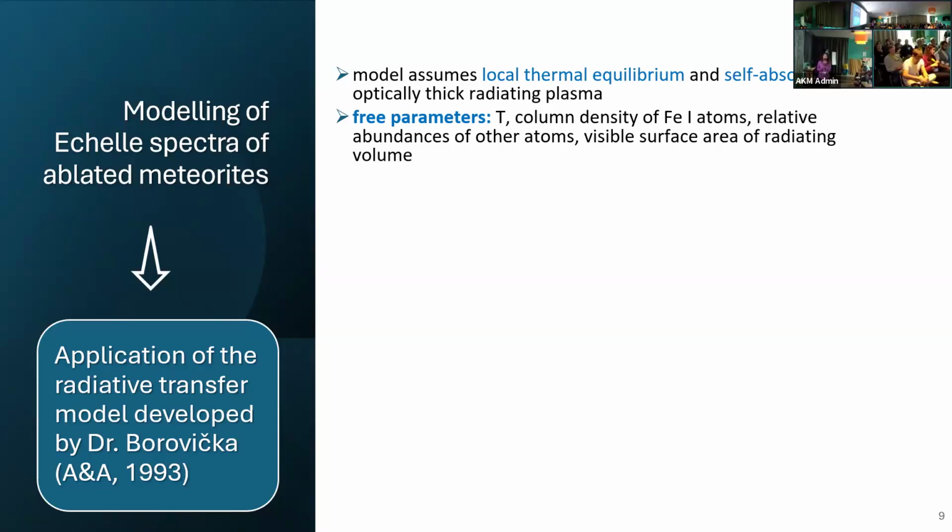Three parameters include plasma temperature, column density of iron atoms, relative abundances of other atoms, and visible surface area of radiating volume.